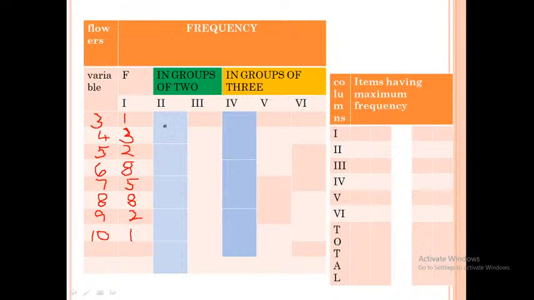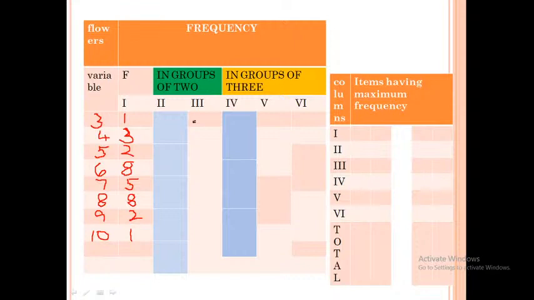This is already given in the question, and now the next step is that we are starting the grouping, and this is what is known as the grouping method. You have to group the frequencies.